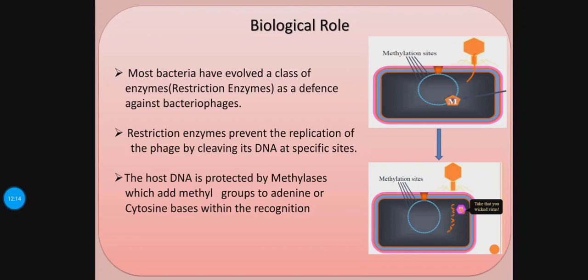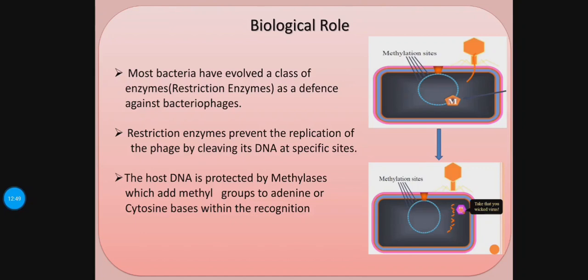And these restriction enzymes recognize the recognition sequence present in the DNA of the virus, that is the phage, and cut and break it down. This is the defense system from the bacterial side, producing the restriction enzyme against bacteriophages.